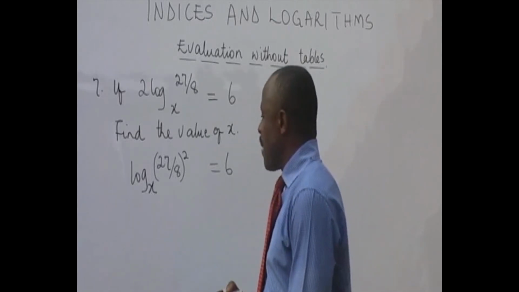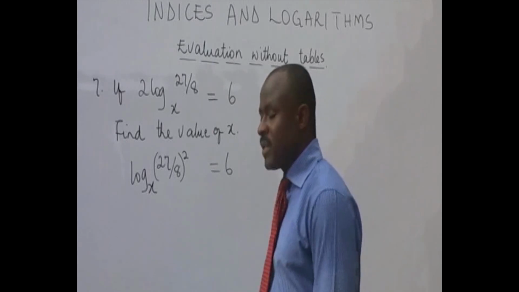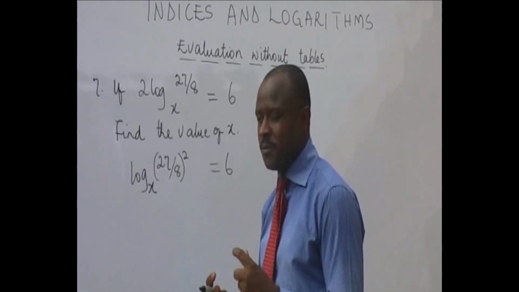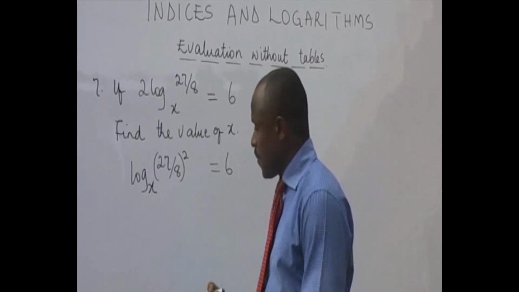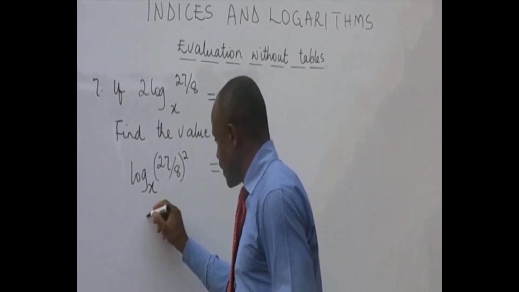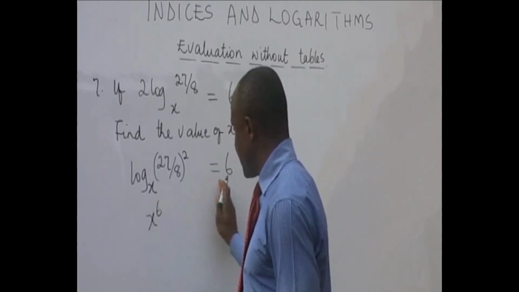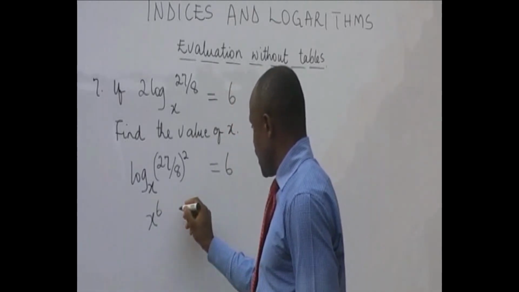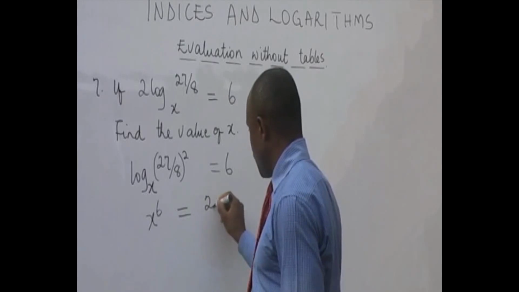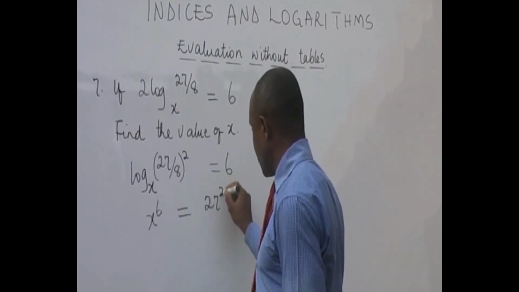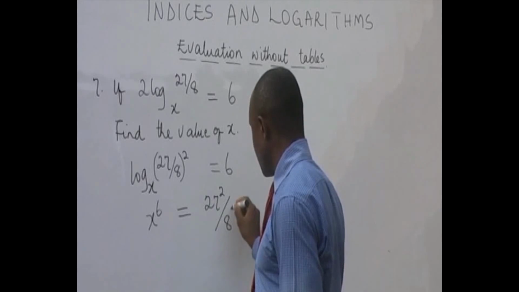Now, if you also apply what I gave you as an assumed fourth law of logarithms, you discover that x raised to the exponent of 6, which is on this side of the equation, is going to give you 27 squared all over 8 squared.